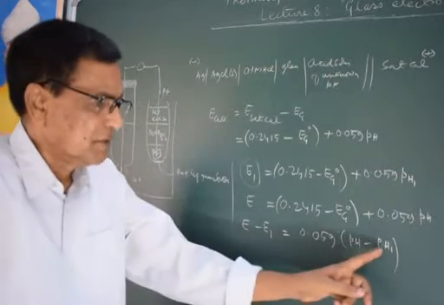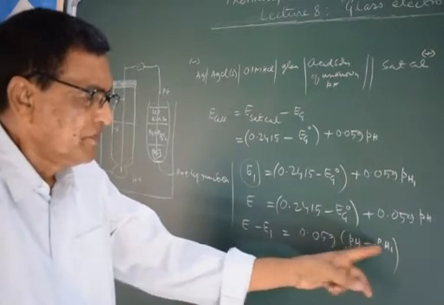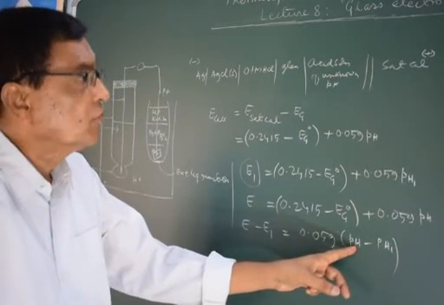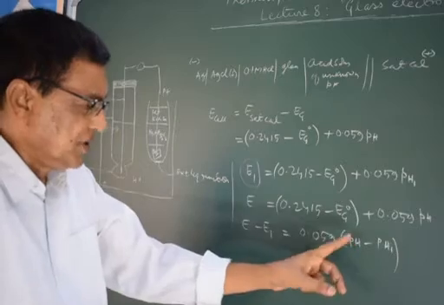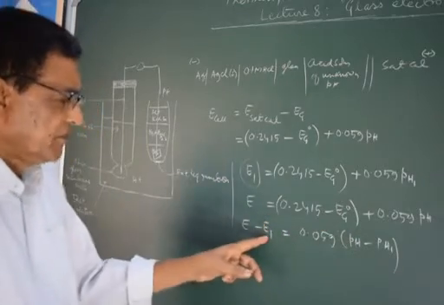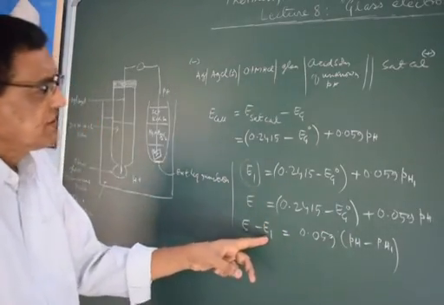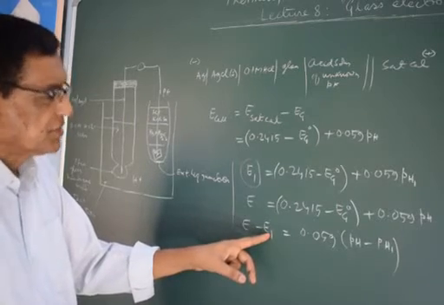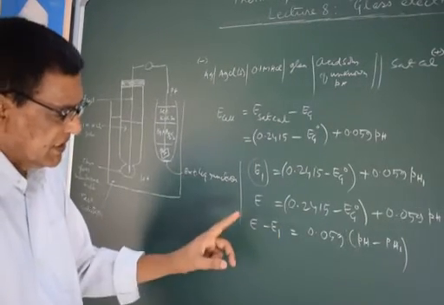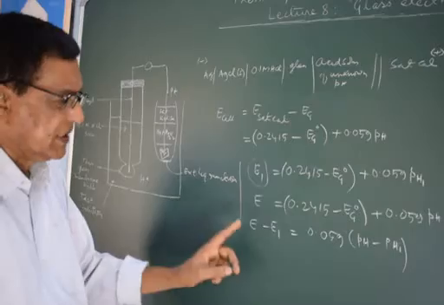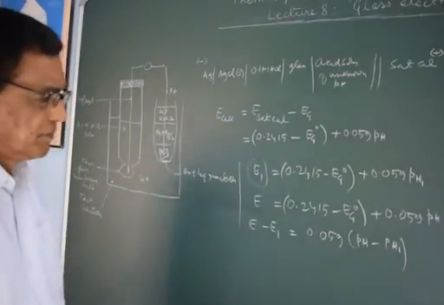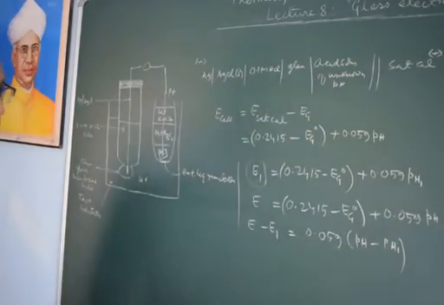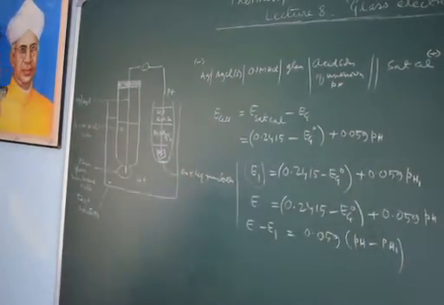This is the pH1 of the buffer solution, a known value, and this is the pH of the unknown solution, which is to be determined. E1 is the potential of this cell with the buffer solution, and E is the potential of this cell with the unknown acid solution, whose pH is to be determined.